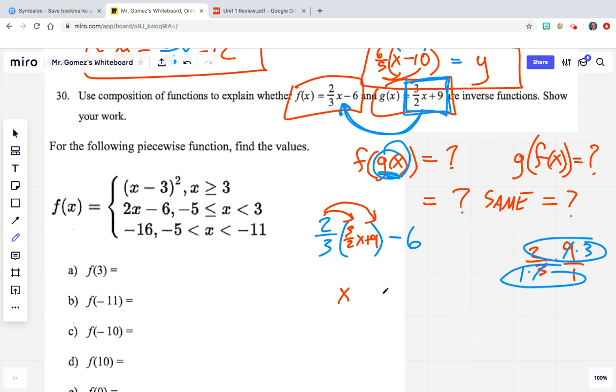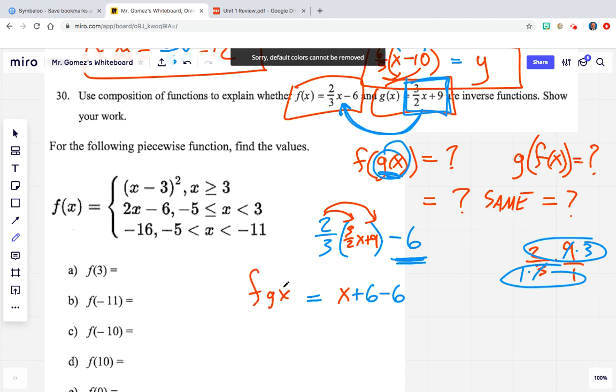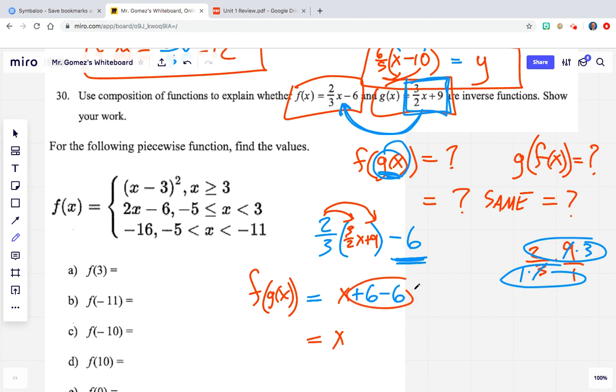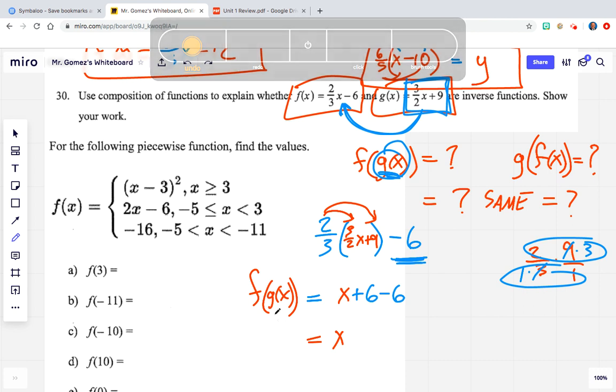There's 6, there's 1, so it's the same as adding 6. We still have this -6 to worry about, so we're going to subtract it off to where the simplified version of f of g of x, in this case, is going to become just x, because these will add slash subtract and cancel to a form of 0.